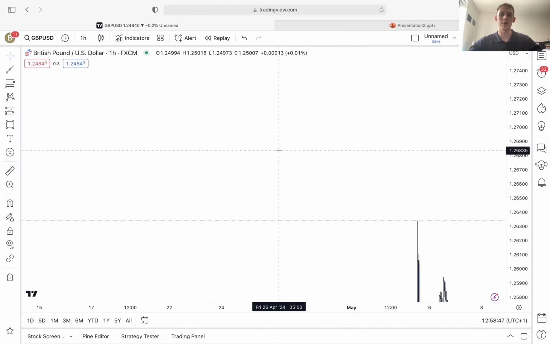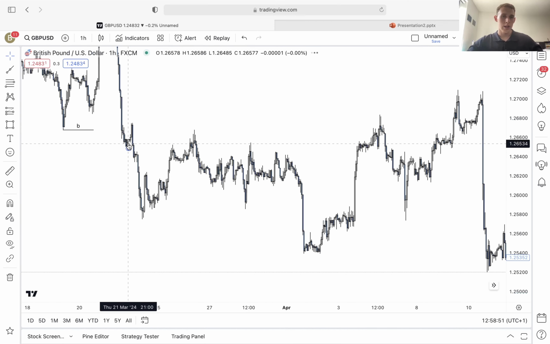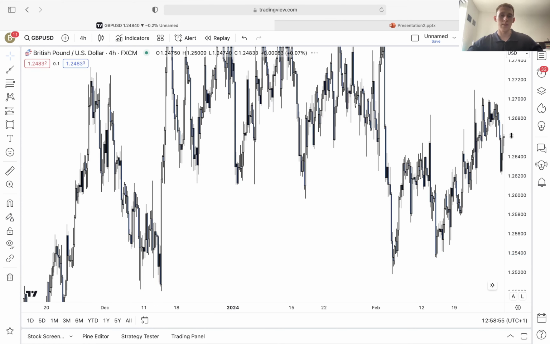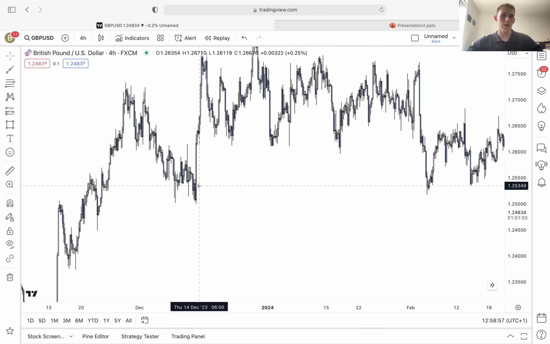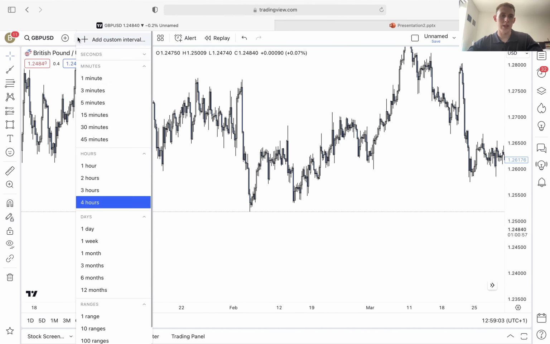So once again, let's go for a few more examples just to make this concrete clear. So in this case, we had, let's go to here actually.